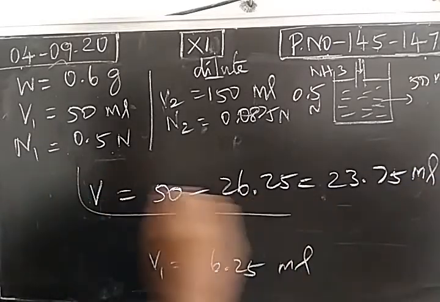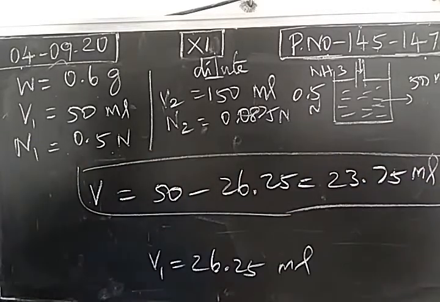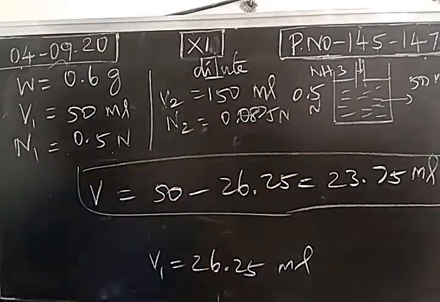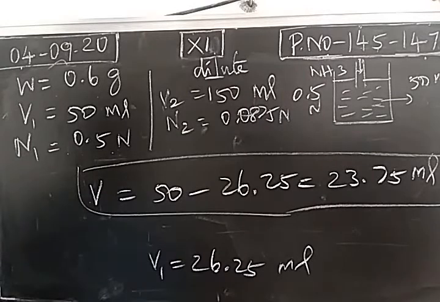Okay. So in Gelder's method, first we take 50 ml, concentration 0.5. Ammonia dissolves in sulfuric acid and forms ammonium sulfate. The remaining sulfuric acid is 26.25, which means 23.75 ml of sulfuric acid is converted into ammonium sulfate by ammonia. So capital V is calculated.